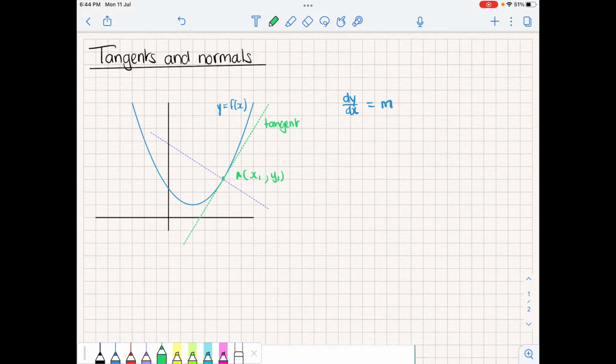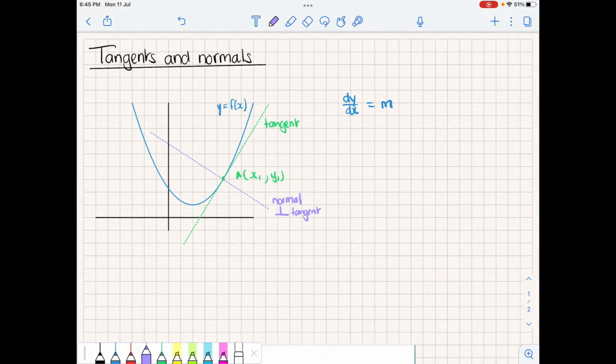Now, another line we're going to meet is something called the normal. So the normal is perpendicular to the tangent. It also passes through the same point that the tangent passes through on the curve. Now, if we remember back to our coordinate geometry, if you multiply the gradients of perpendicular lines together, you should get -1.